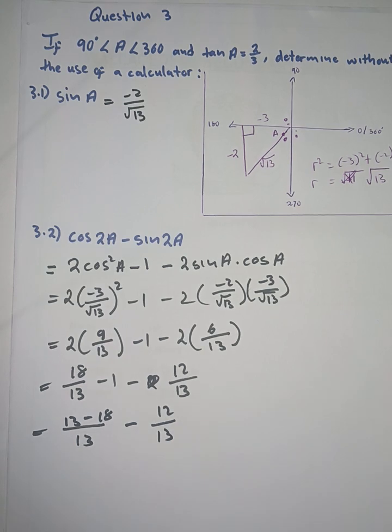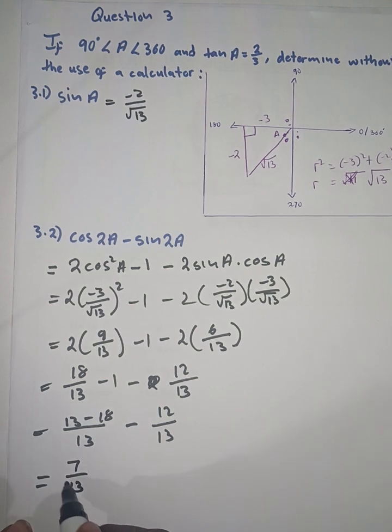To avoid all of that, I'm just going to put that on my calculator and see what I come up with. So that's 13 minus 1 minus 12 divided by 13. You get the final value to be 7 over 13, but that's negative. So that would be the value that you get for that.